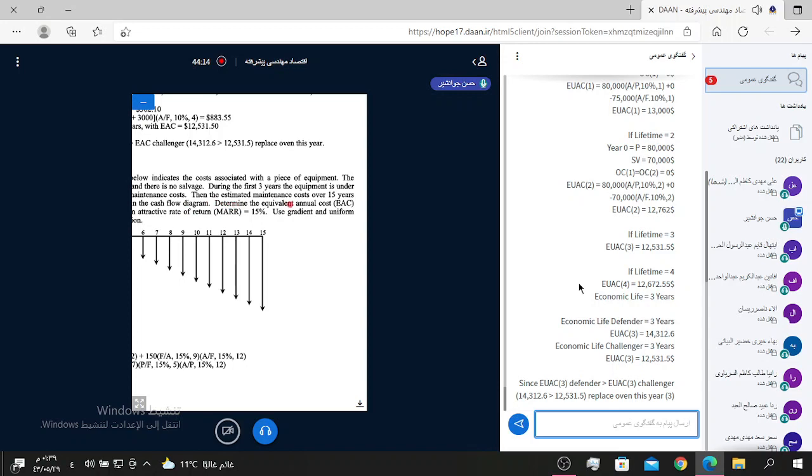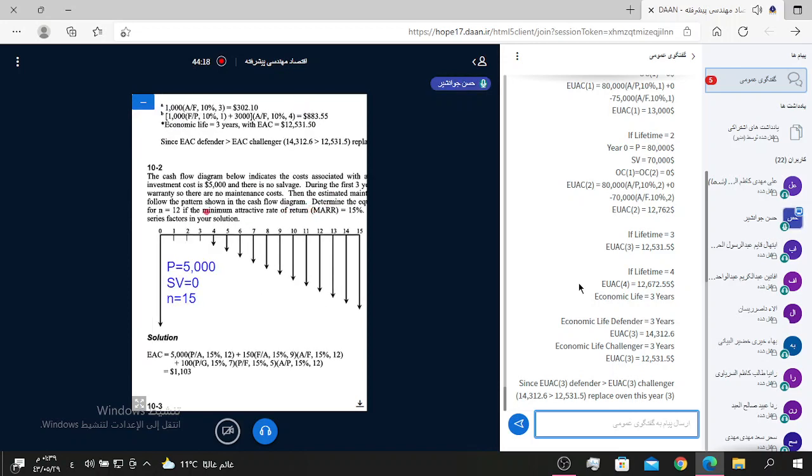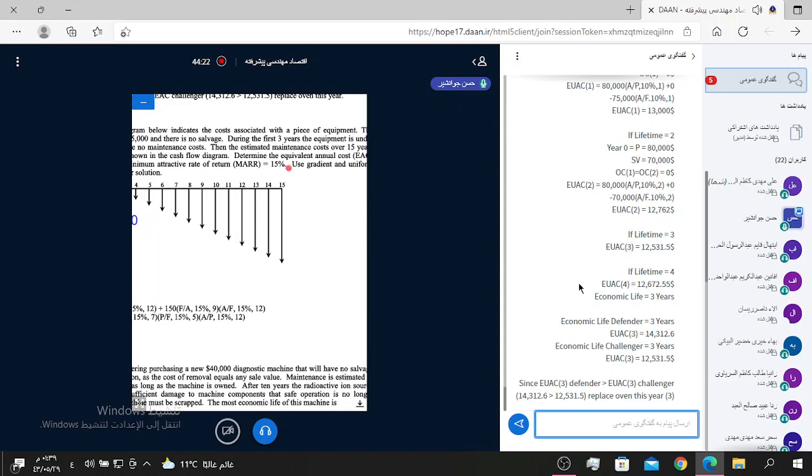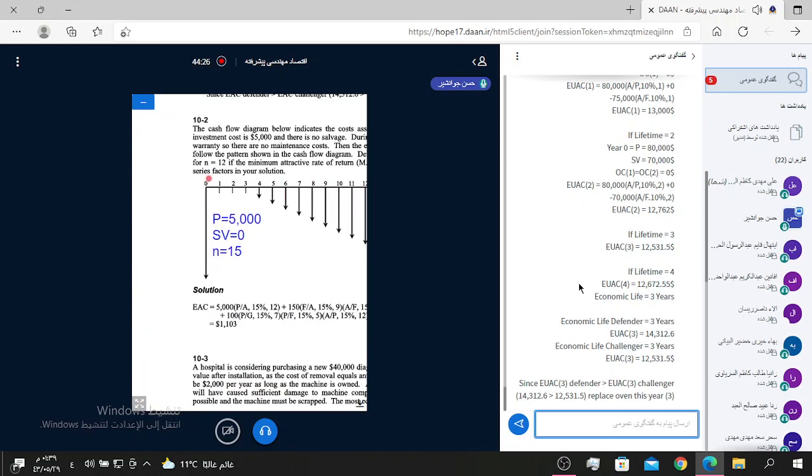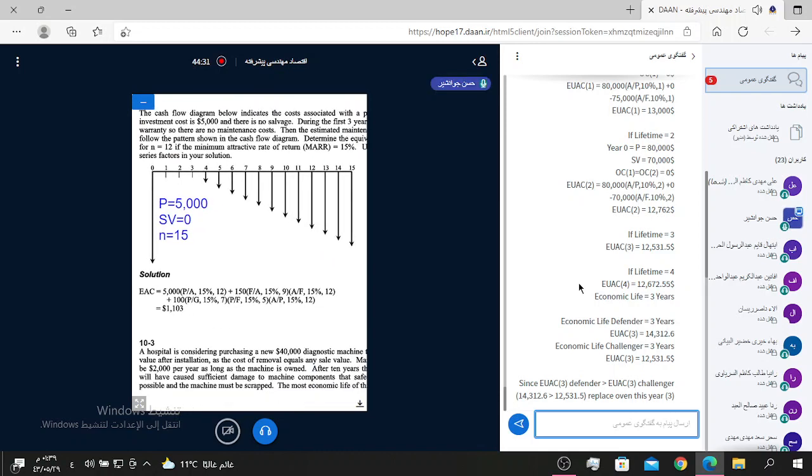The estimated maintenance cost over 50 years follows the pattern shown in the cash flow diagram. Determine the equivalent annual cost EUAC for N equal to 12.